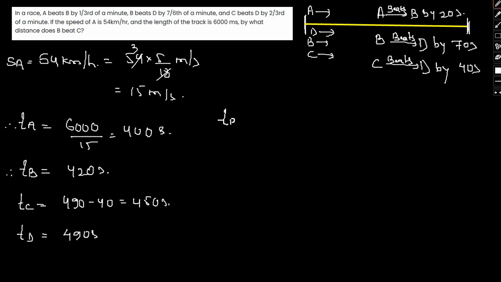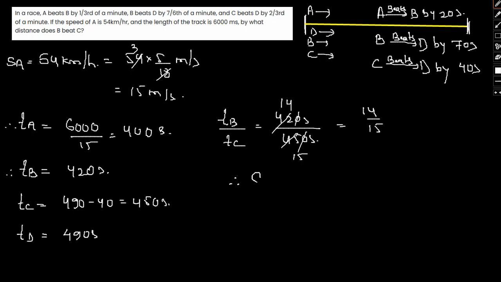Now again, time of B by time of C, the ratio will be 420 seconds by 450 seconds. Let me divide this by 3, so we get 14 by 15.